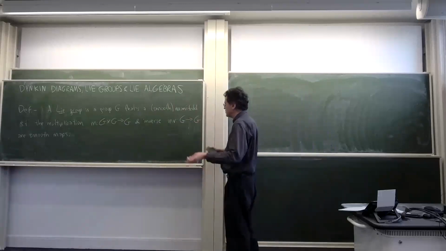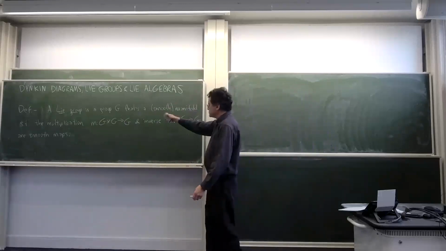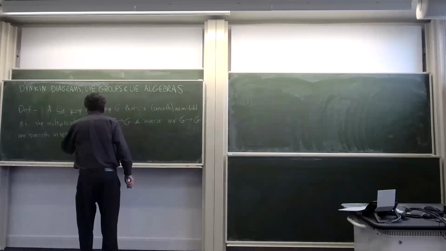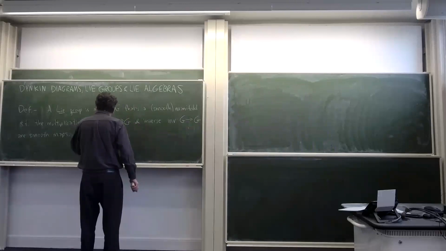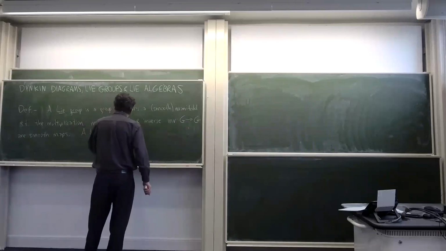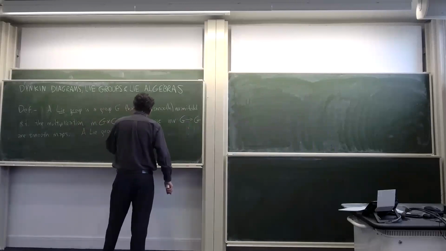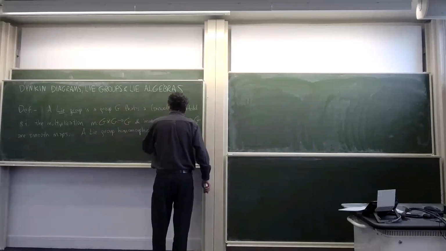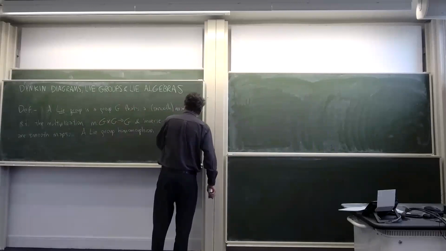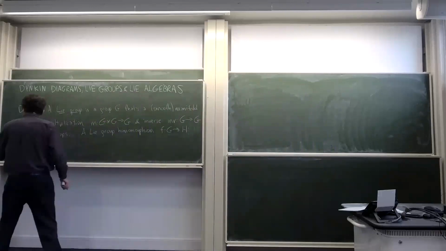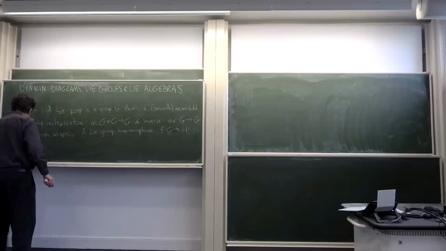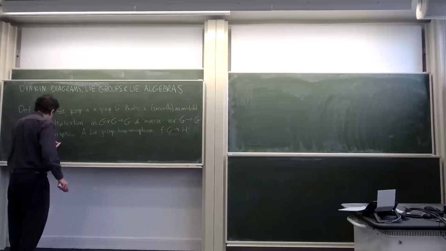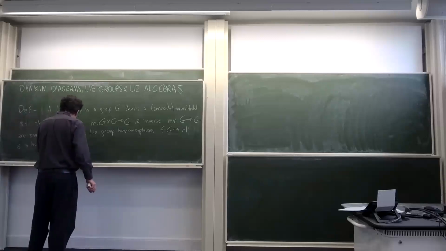We're just sort of taking the concept of group and sticking smoothness in everywhere in the definition. And so then you also want maps between those. So a Lie group homomorphism, say like F from G to H, is a homomorphism between Lie groups that's smooth.